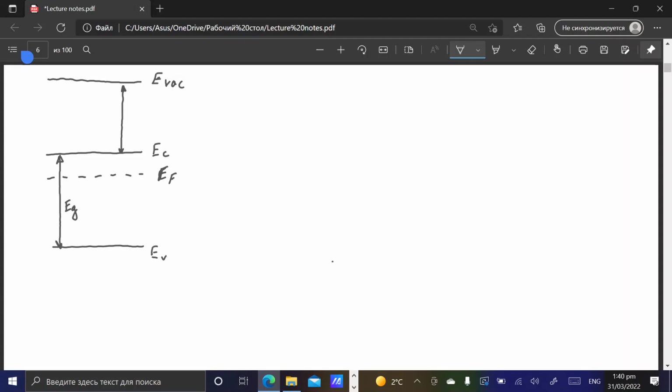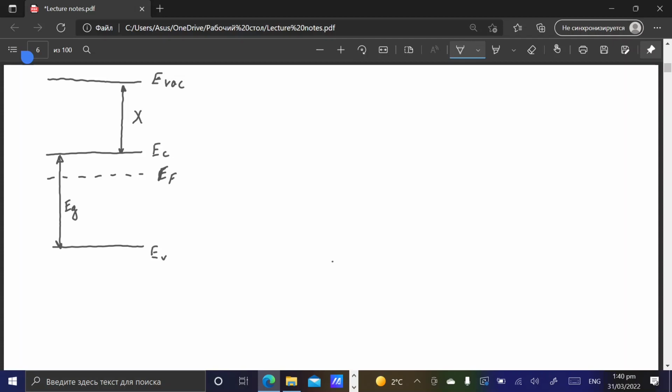I mean, this is the bottom of the conduction band, but the energy between the bottom of the conduction band and the vacuum level is called affinity to electron.